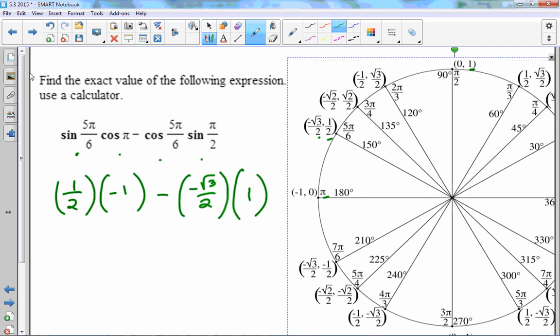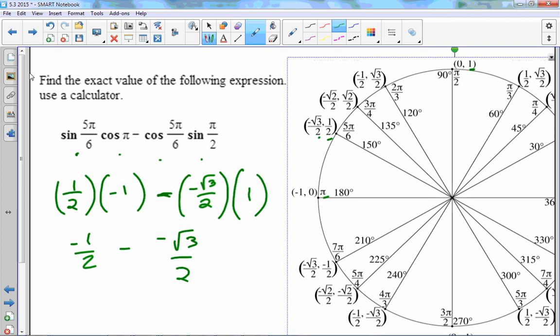Okay, so now we would multiply before we would subtract, right? This is where people get in trouble, is doing this math. This one isn't too bad. This would be negative 1/2, minus, negative square root of 3 over 2 times 1, which would be negative square root of 3 over 2.